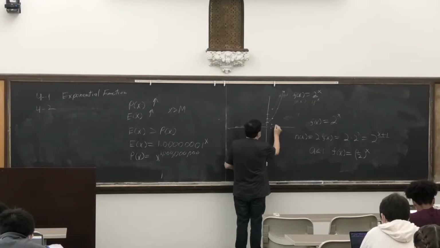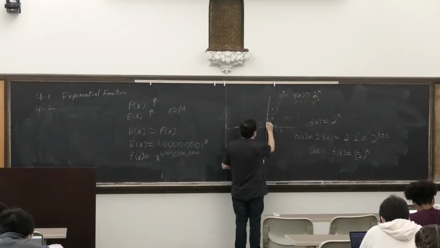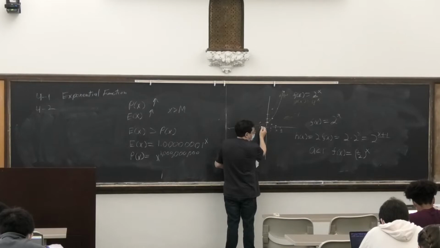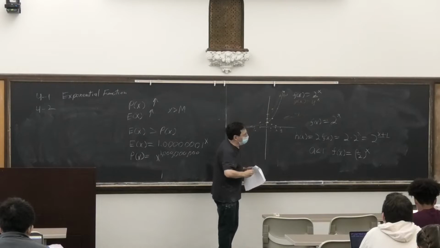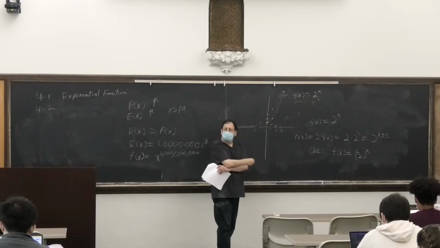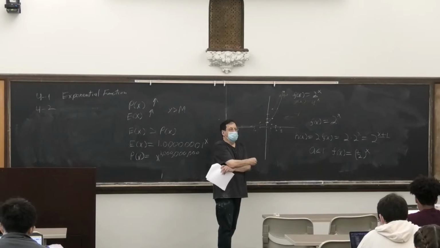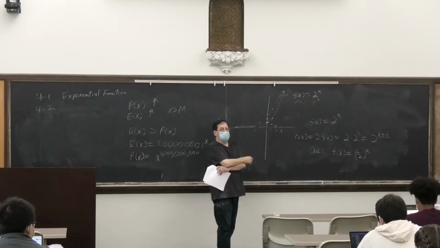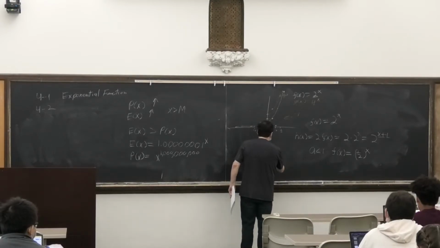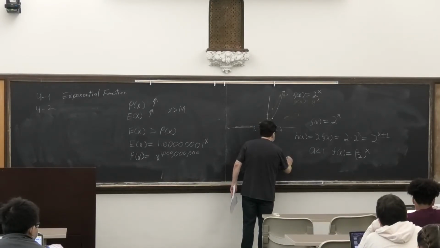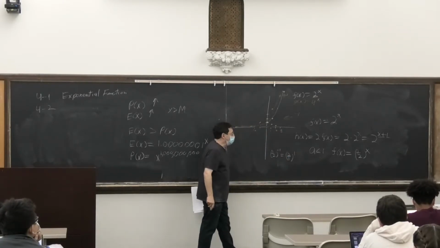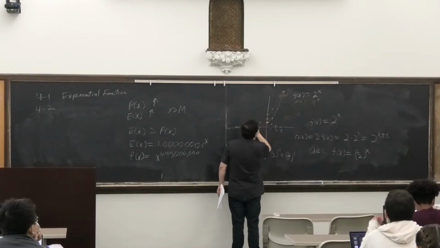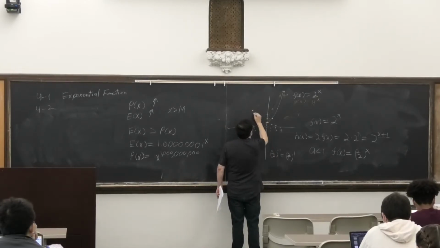At 2, it's 1/4. At 0, it's 1 again. Minus 1, well, it just becomes what? It's 1/2 to the minus 1. That's just 2 over 1, by the law of exponents. It's just 2. So it's 2, 4.